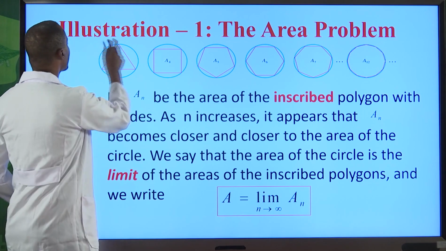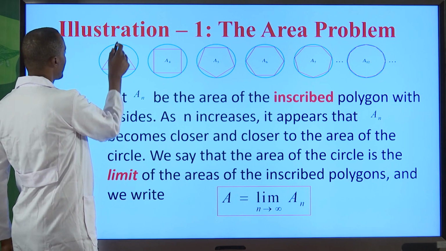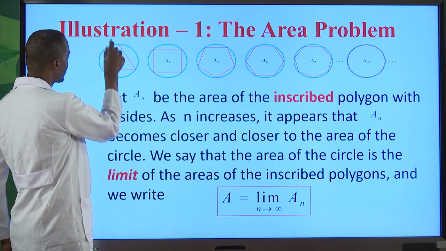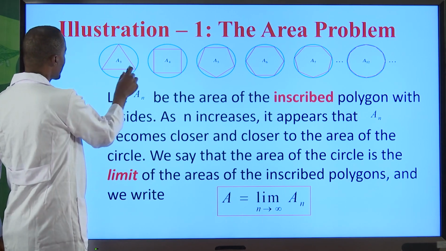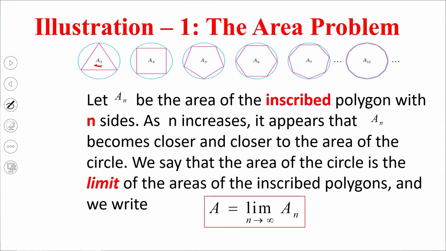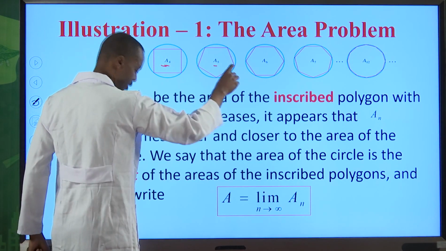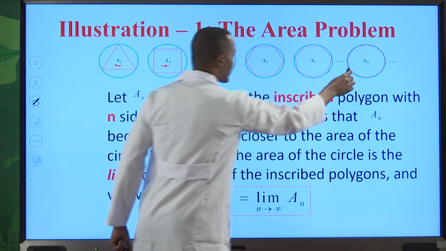So mathematicians of the day inscribed a triangle within a circle, because a triangle has only 3 sides. I call it A3. If I increase the number of sides to 4, I will call it A4, and then 5 sides, A5, and so on through, for example, A12.